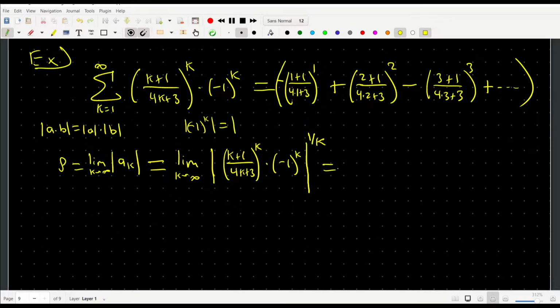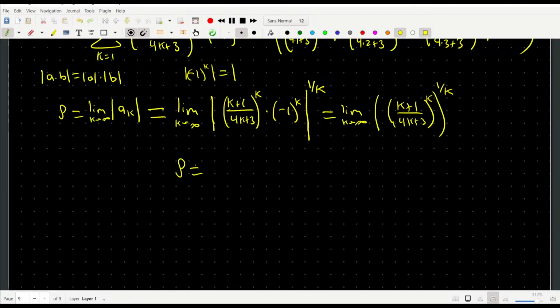So this is going to reduce to the limit as k goes to infinity of the kth root of (k plus 1 over 4k plus 3) to the k.